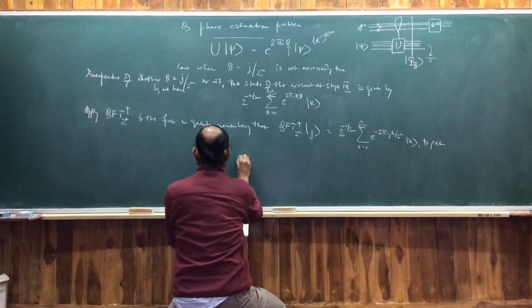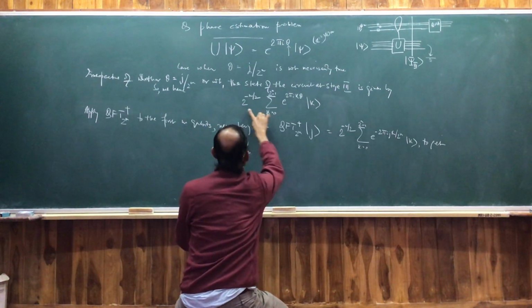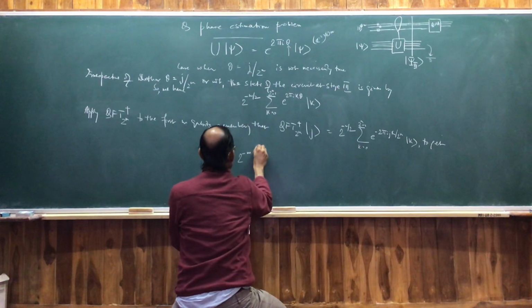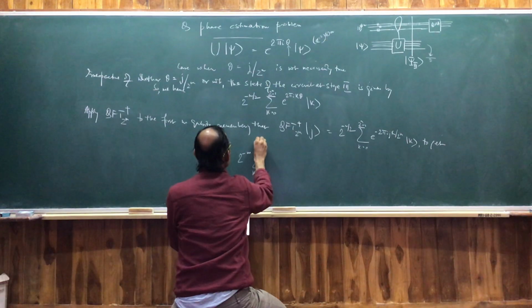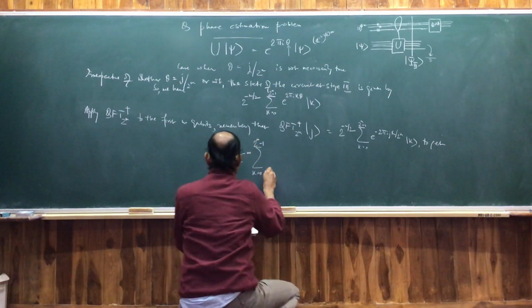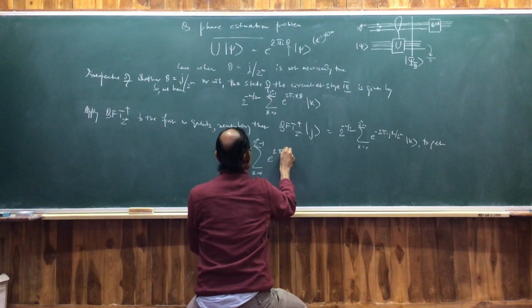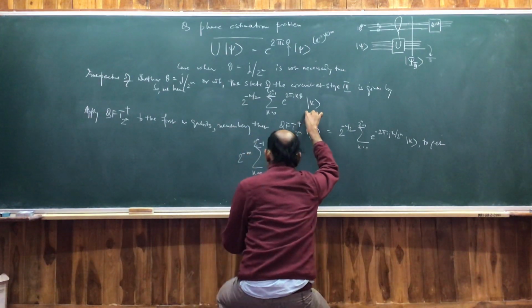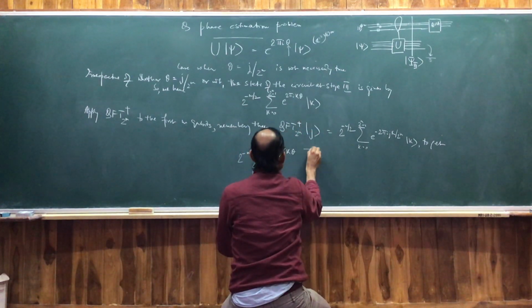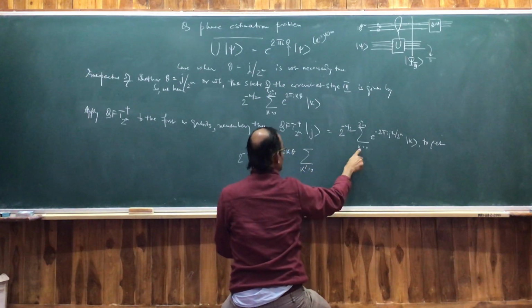So you get 2^(-m), these two, and this thing remains. Call it K prime.